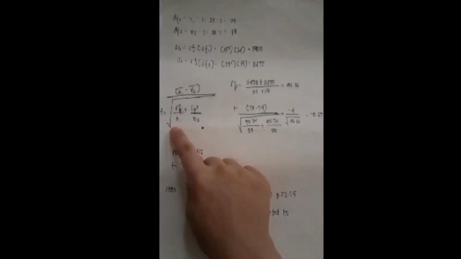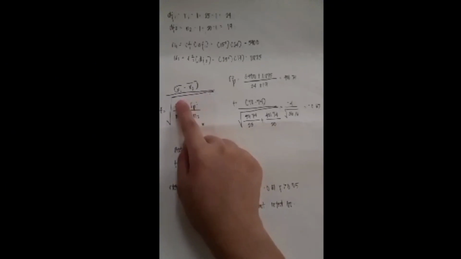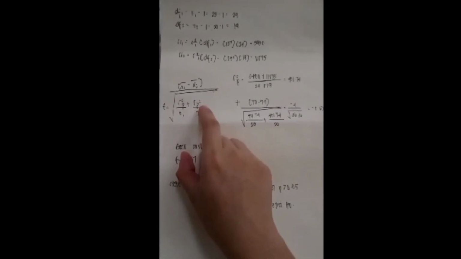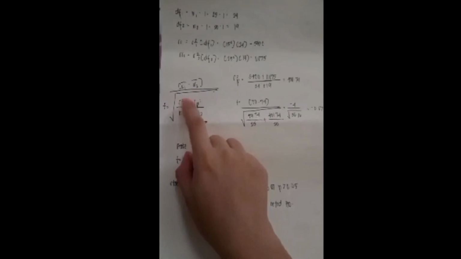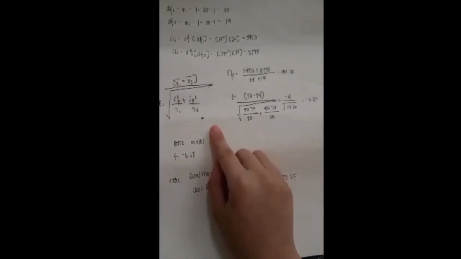And next, the t-test is equal to x1 minus x2 over the square root of sp squared over n1 plus sp squared over n2.